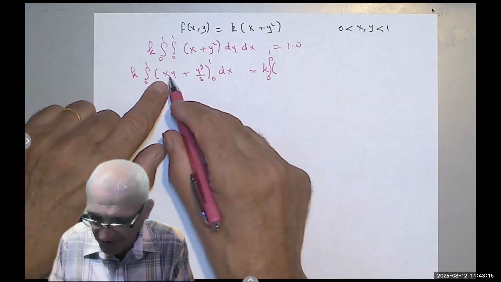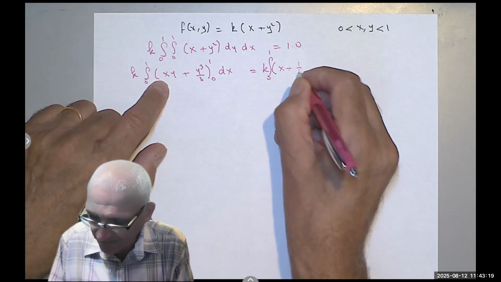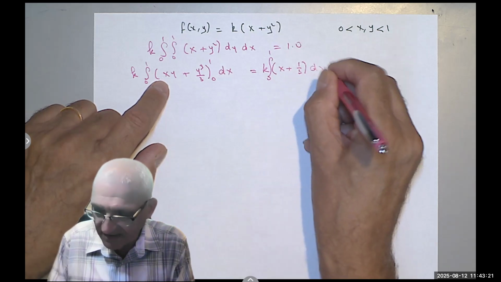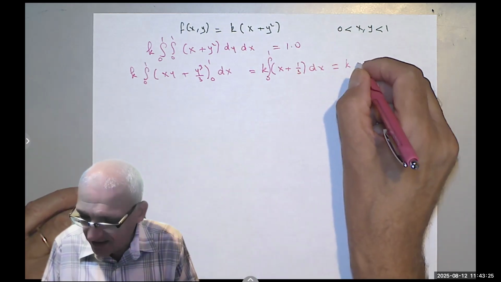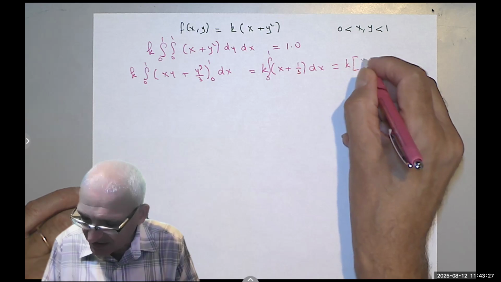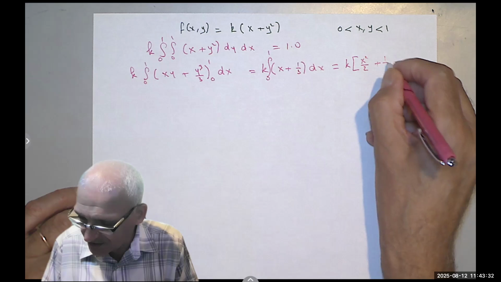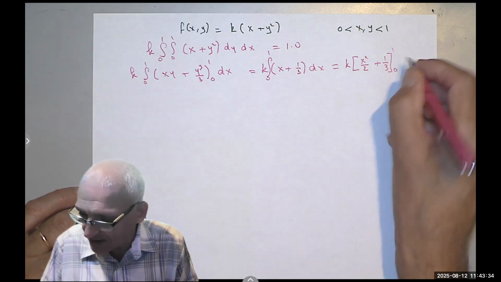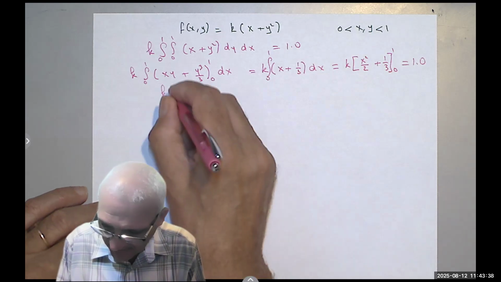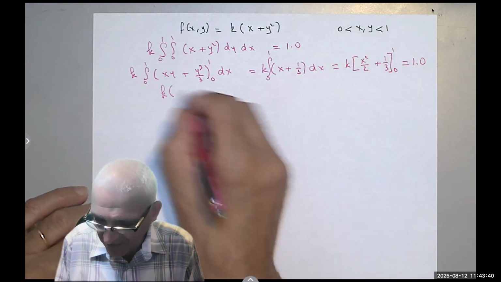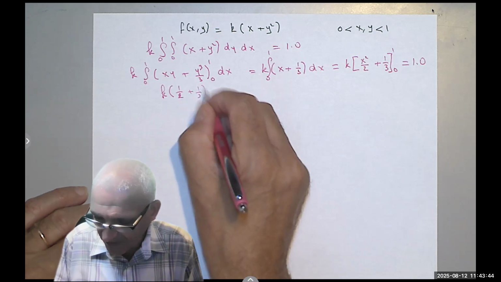So when you substitute for y equals 1, you get x plus 1/3 dx. And when you integrate that, you get k times x squared over 2 plus x over 3 evaluated from 0 to 1 equals 1. So k times 1/2 plus 1/3 equals 1.